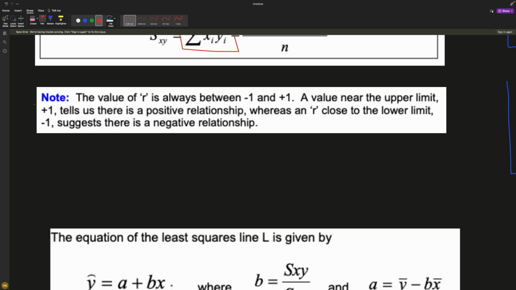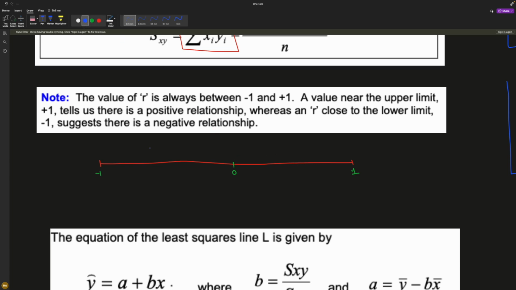Let me draw you a little table. You have some line, -1 and 1, so that's your R. It's between -1 and 1, and then you have your midpoint, which is 0. If your R is 0, that means there is almost no relationship.